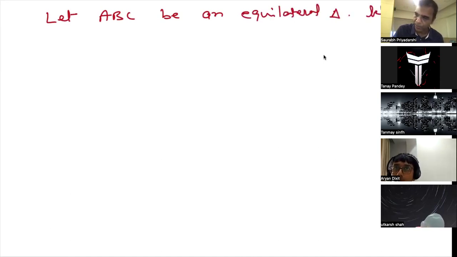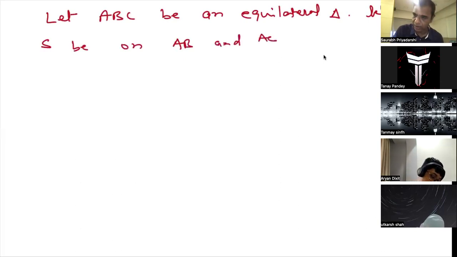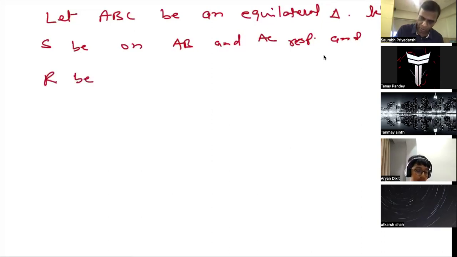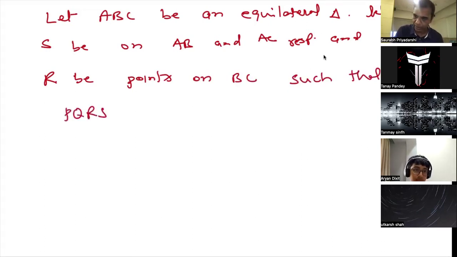Let P and S be on AB and AC respectively, and Q and R be points on BC such that PQRS is a rectangle.